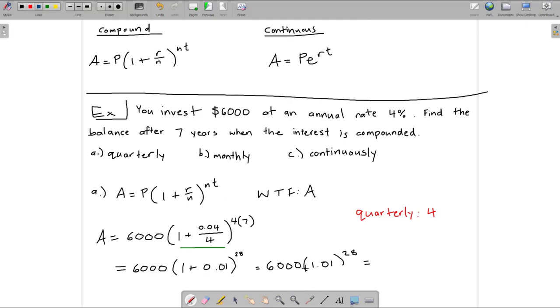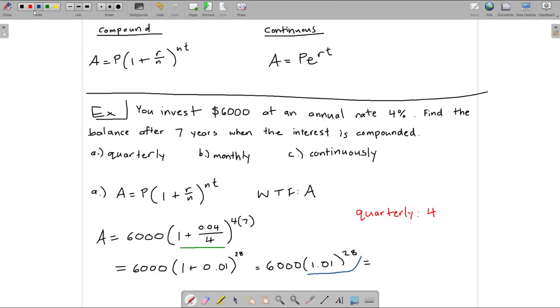So now you want to calculate this 1.01 to the 28th. So let's go ahead and do that. 1.01 to the 28th power. And so once you have that in your calculator, you'll have some pretty long decimal that I don't want to write down here because you could lose some of the decimal numbers and lose some accuracy. So at that point, once you have this number, go ahead and just multiply it by 6,000.